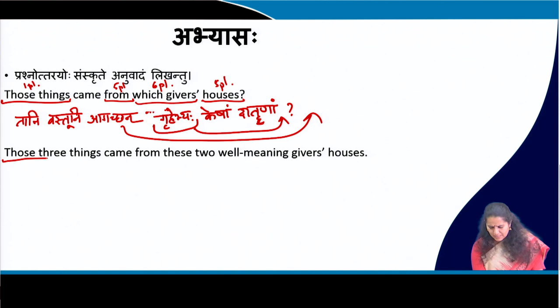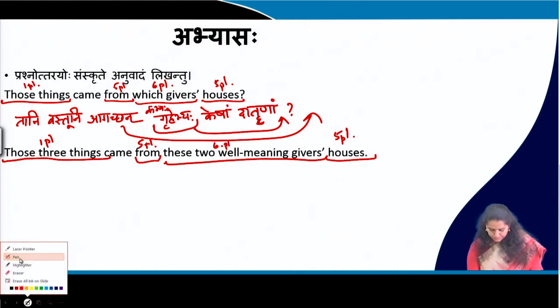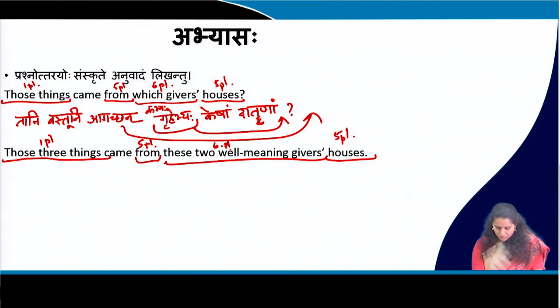So those three things, okay, Tari, that is the first and plural, came from houses. That still remains fifth plural. These two well-meaning givers, which is here it would be the shashti and the dual. Okay, so let us see what happens here.